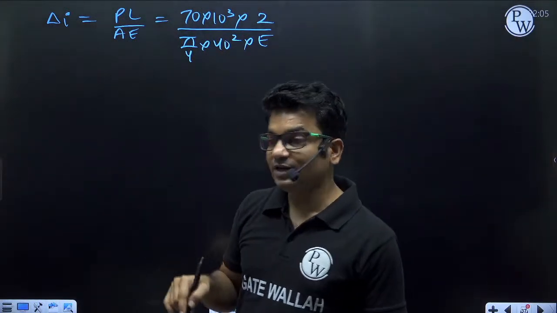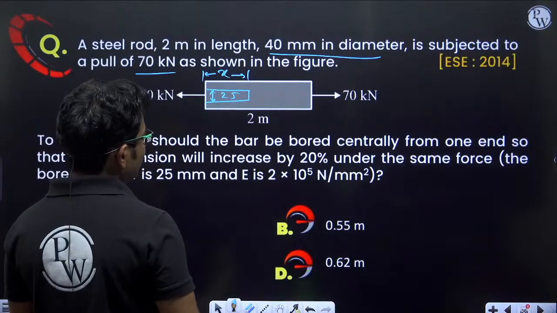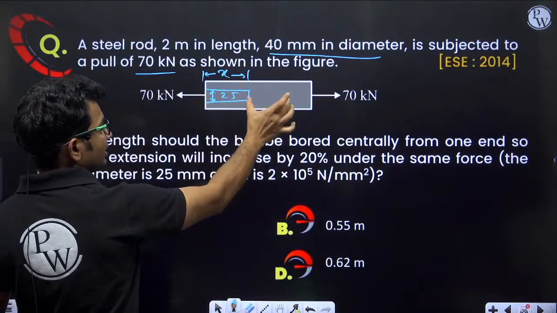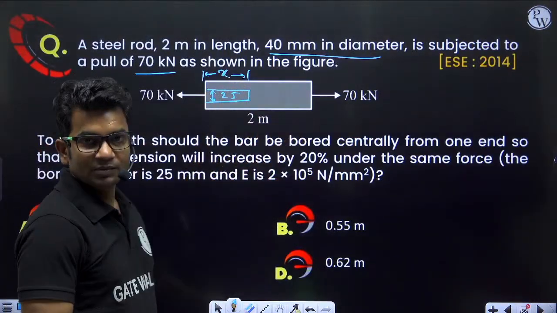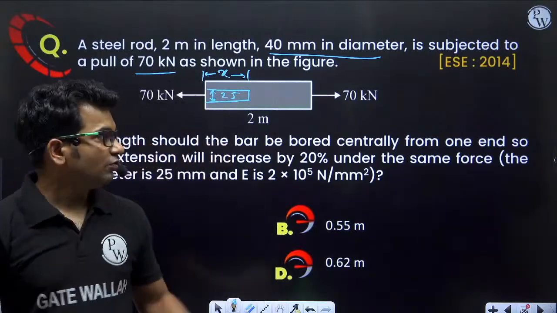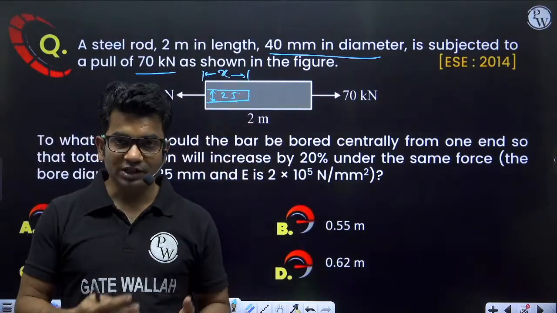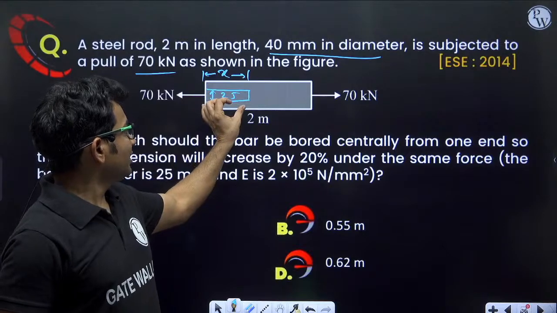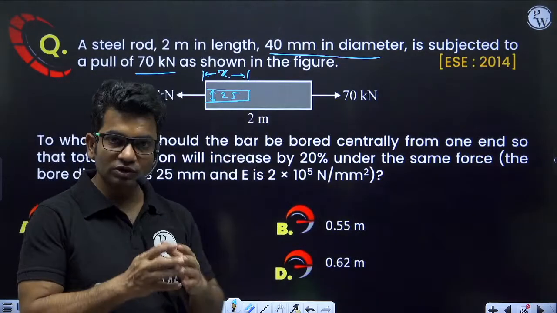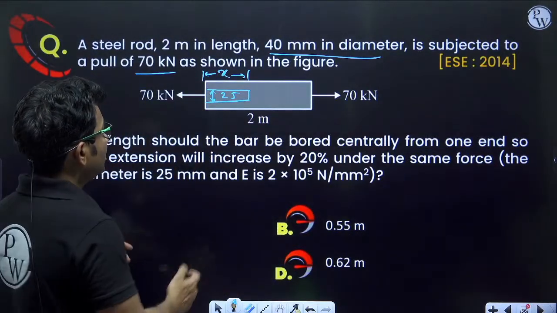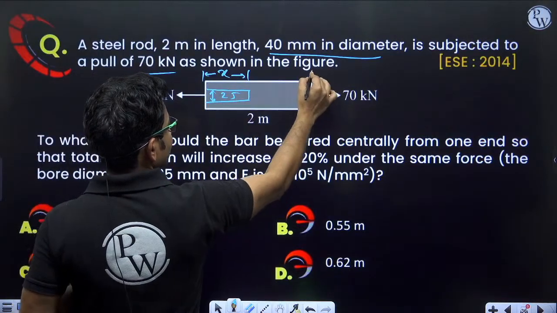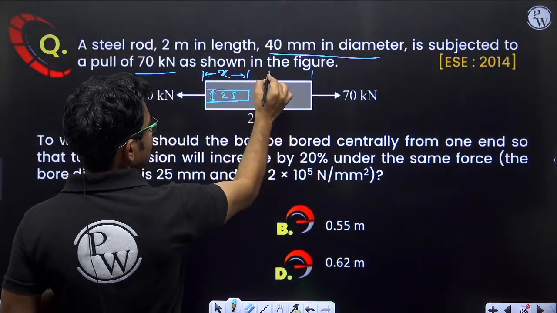Now after boring, what will happen? We'll have to consider two parts, elongation of this part and elongation of this part separately, and elongation of both the parts will be added to get the total elongation. Length of this part is x and this part's length will be 2 minus x.